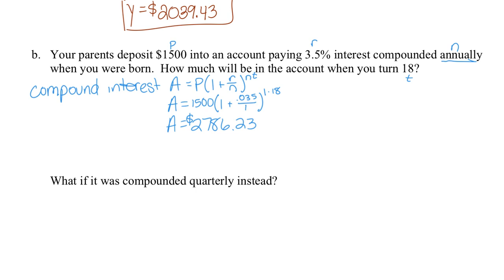Now, what if we did quarterly instead? So all we're changing from that original equation is N. N is now going to be 4 instead of the 1 from up here. So A equals 1,500 times 1 plus 0.035 divided by 4 this time. And then our exponent is 4 times 18 now.